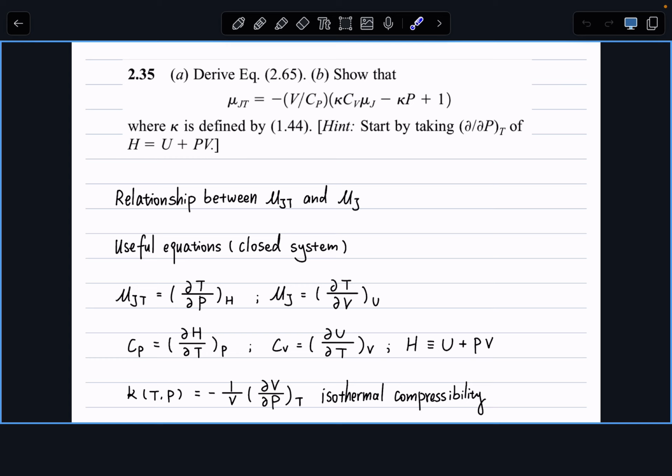That's always how we start. So V times my definition of kappa, which is negative 1 over V dV over dP at constant T. And then CV, that's dU over dT at constant V. And mu J, or the Joule coefficient, that's dT over dV at constant U.